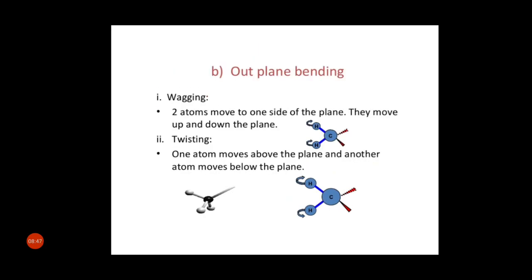Now see out-of-plane bending. There are two types: one is wagging and another is twisting.